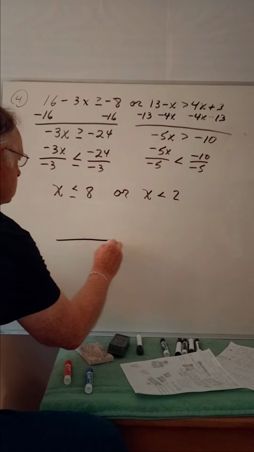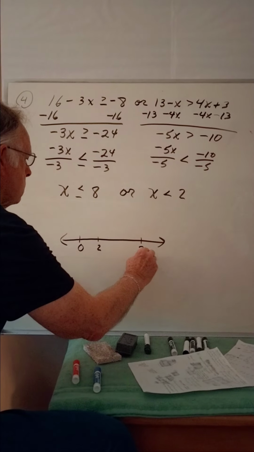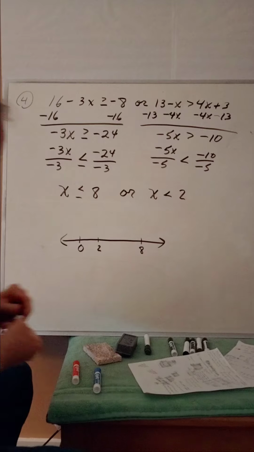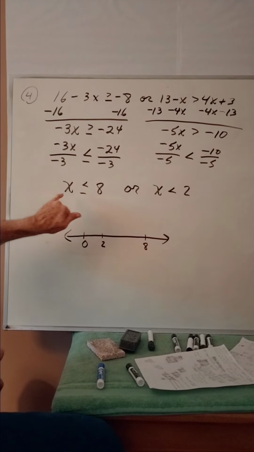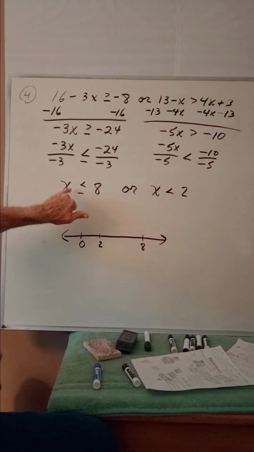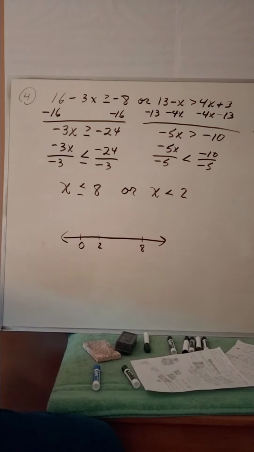And let's put the numbers on there that we need. We've got a 0. We're going to take it to 2. And we're going to take it out to 8. On the one hand, x is able to be less than or equal to 8.